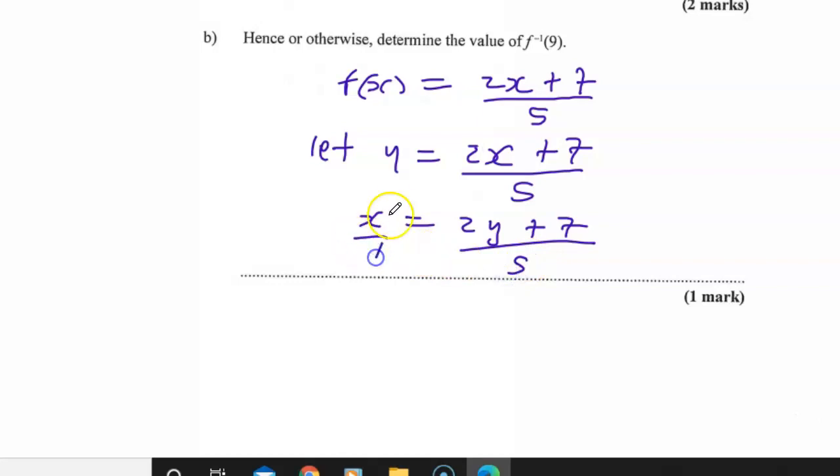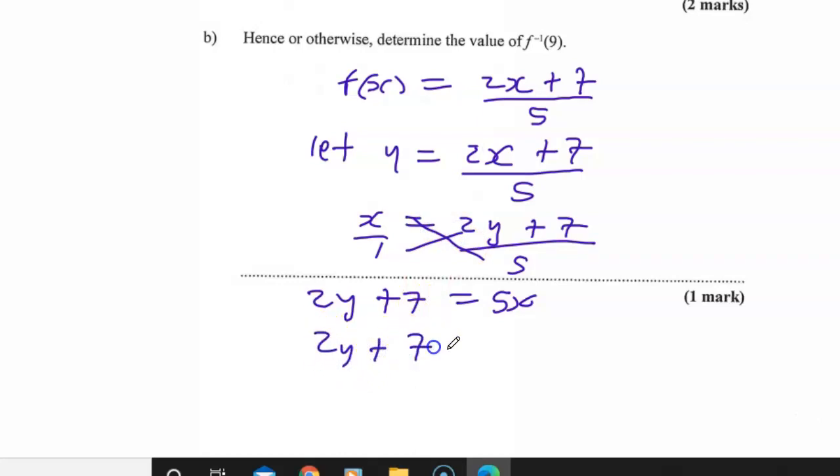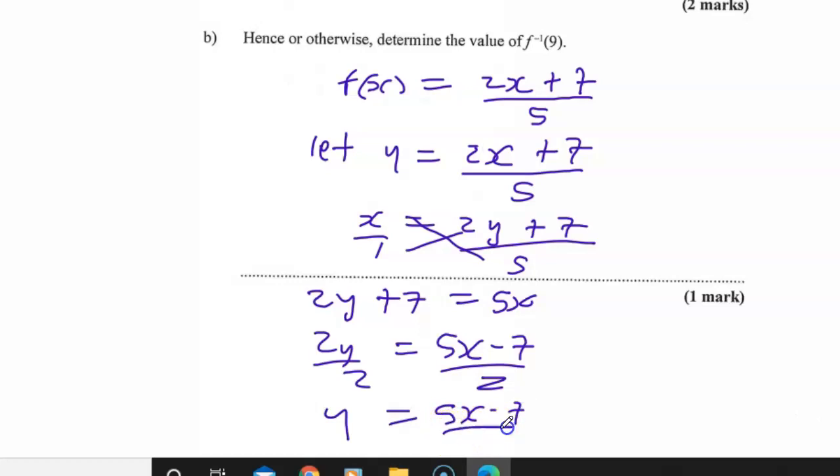We can times both sides by 5. We end up with 2y plus 7 is equal to 5x. So 2y is equal to 5x minus 7. Subtract 7 from both sides, then divide both sides by 2. Y is 5x minus 7 upon 2.